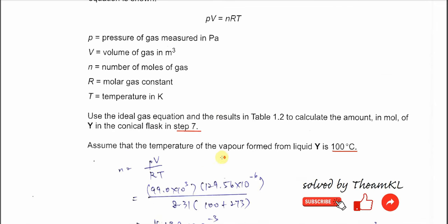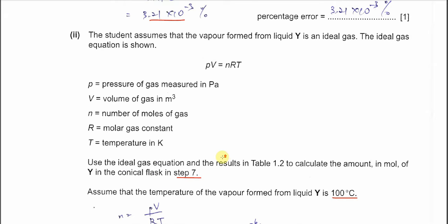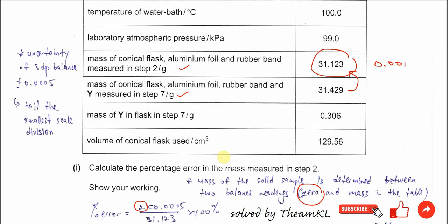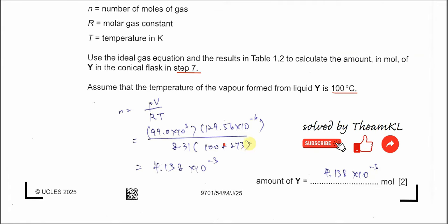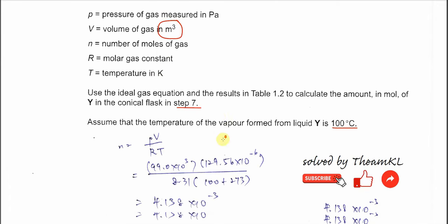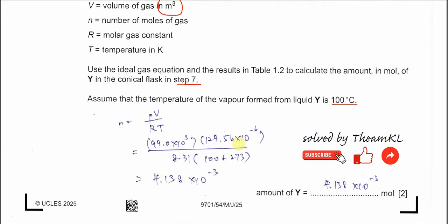Volume, you need to change to meter cube, because the volume here is in cm cube, so you need to convert to meter cube. Make sure it's meter cube. So the volume in cm cube now needs to be times 10 power negative 6 to convert to meter cube.